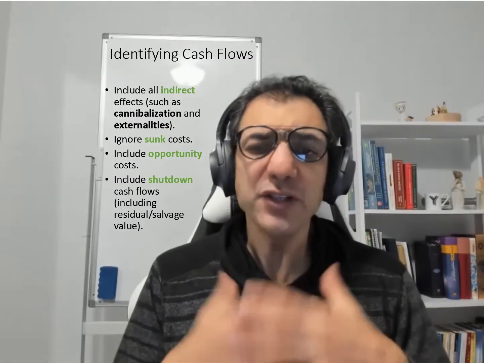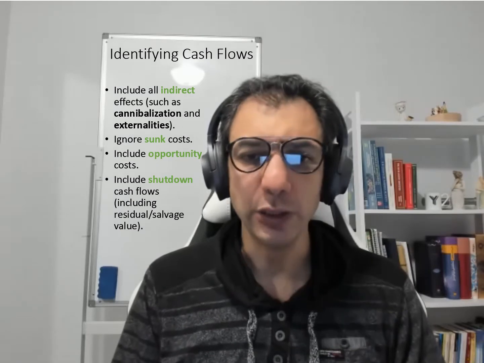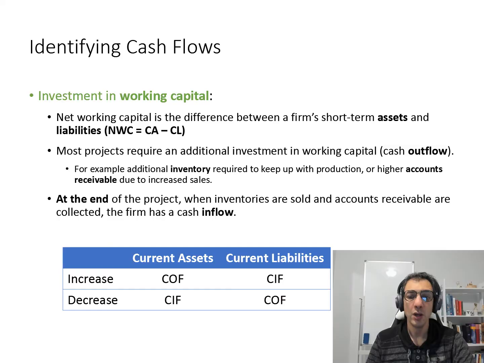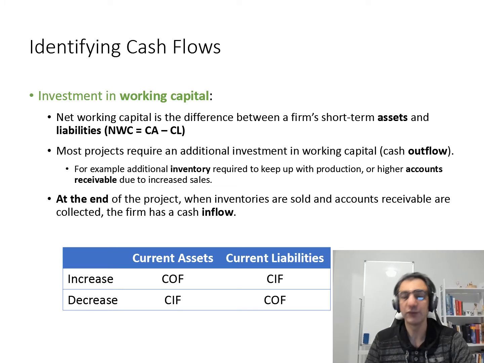Now, we have some other types of cash flows which you have to consider. One of the major ones is the working capital, which I'm going to talk about in more detail. Net working capital is one of those cash flows which for sure you have to include in your project cash flow estimation.